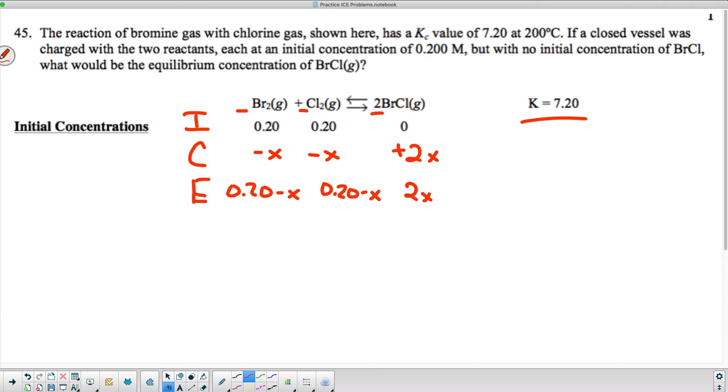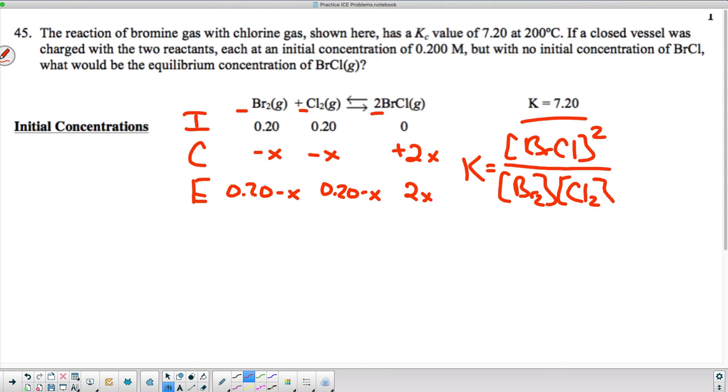So now you guys know that my K expression would look something like this: the concentration of bromine monochloride is squared because of the 2, and then I have the concentration of Br2 times the concentration of Cl2. This is for equilibrium, okay?